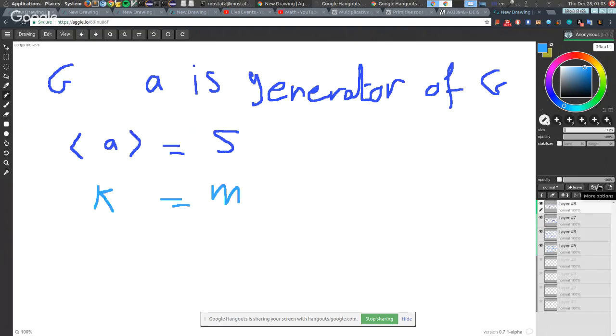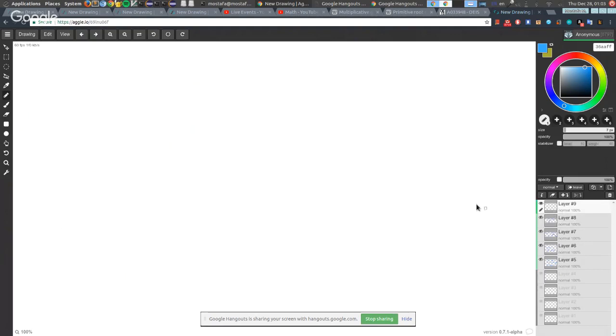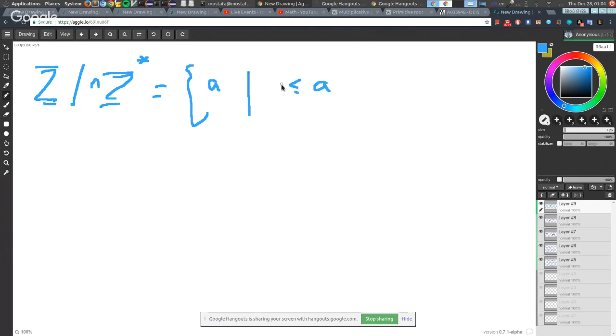So we move this into the context of the multiplicative group modulo n, which I explained earlier. Let me write the definition again. It's the elements A such that A is greater than 1, less than n, and A and n are co-prime.